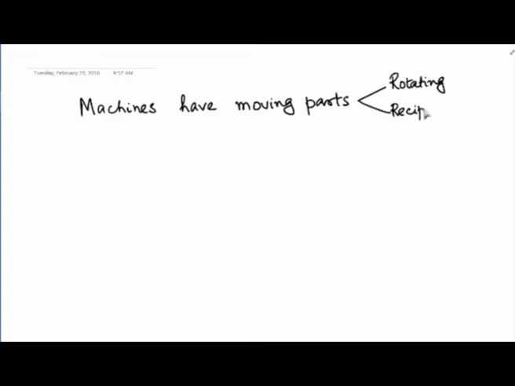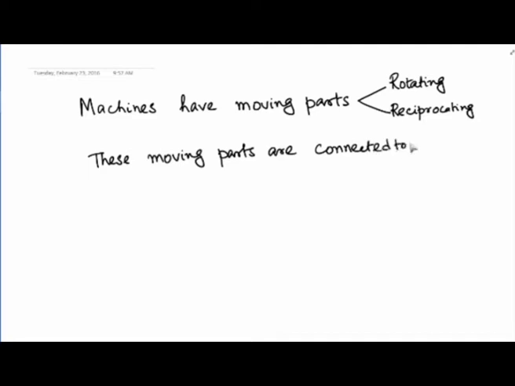We are not going to study machines having a complicated spatial motion, which is typically true for robotics, but that is outside the present scope of this course. And these moving parts are connected to the frame, but there is always an interaction of force between the machine and the frame.